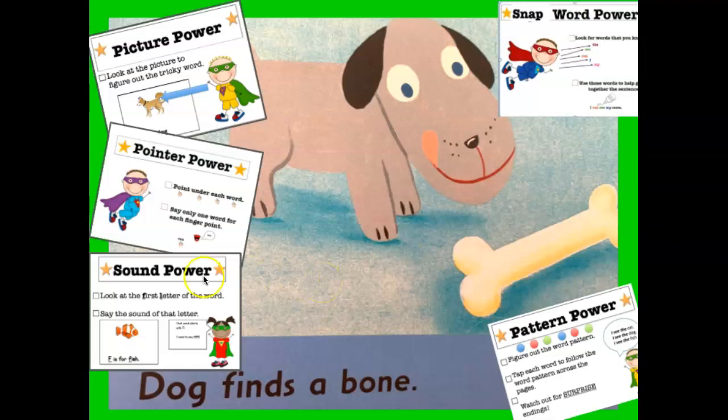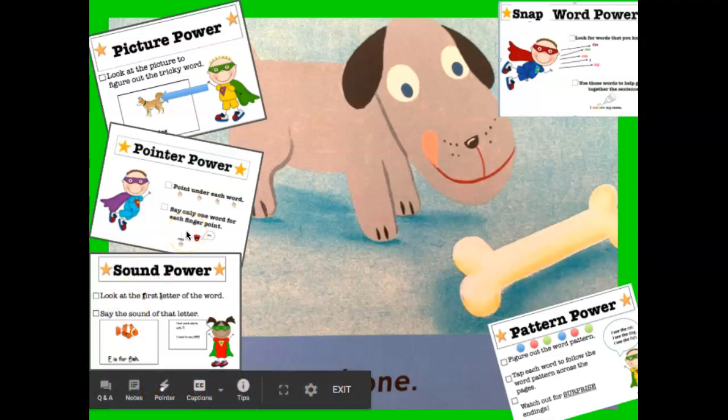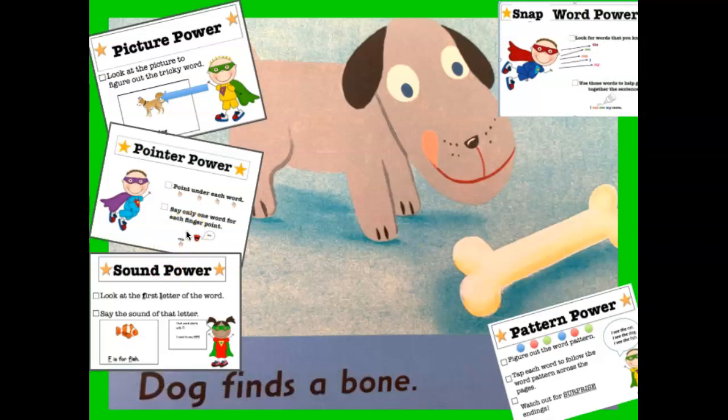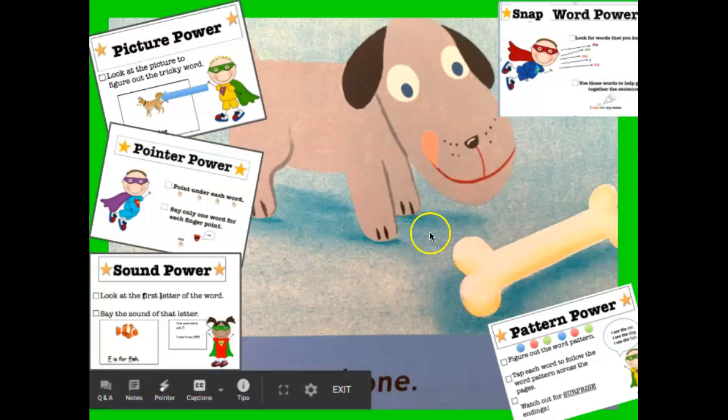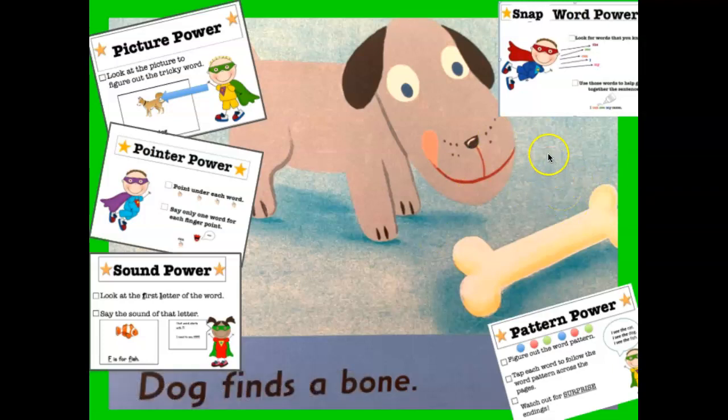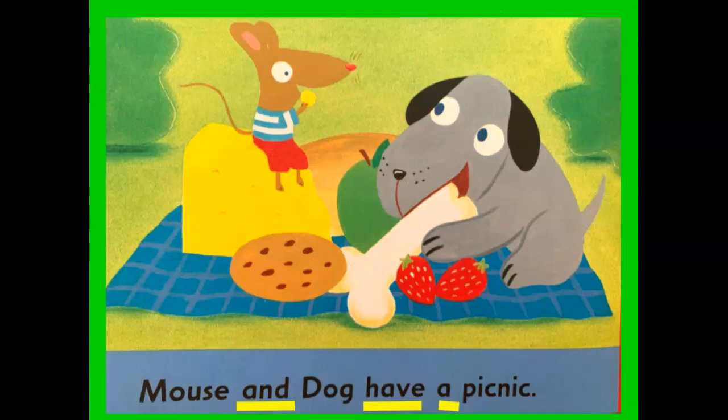A. Dog finds a, what could that word be? Bone. Will you reread this page with me? Dog finds a bone. Wow, the last page of this book looks different again.